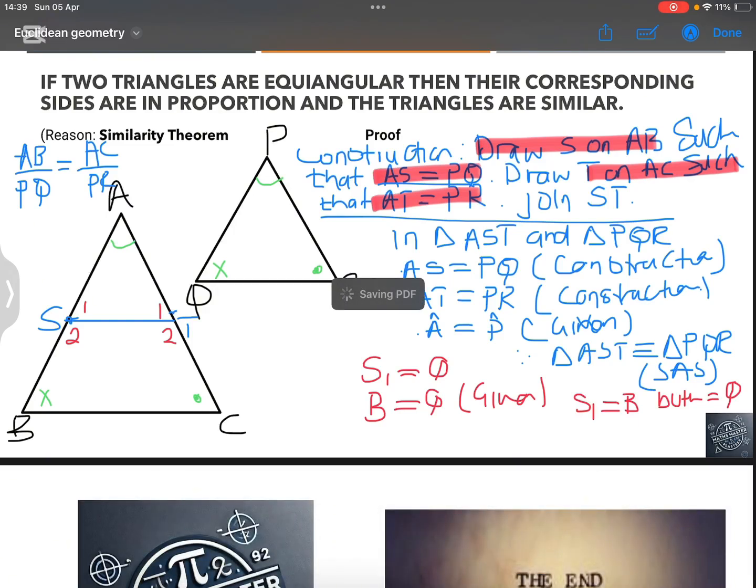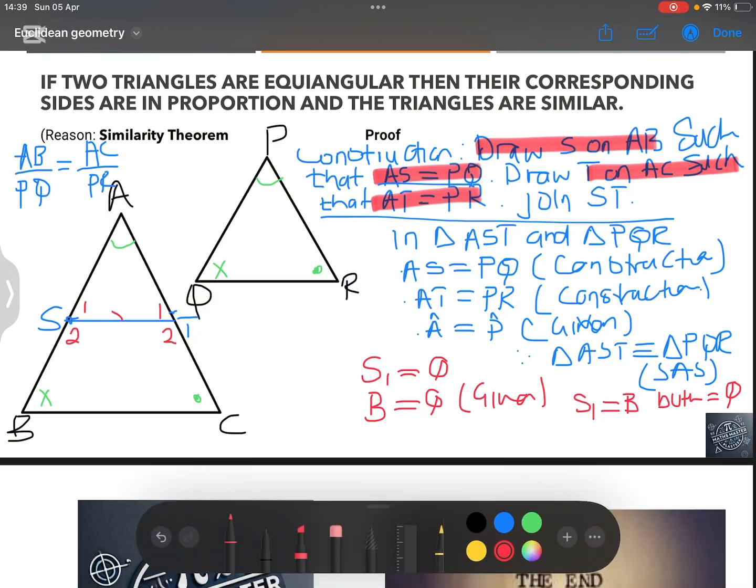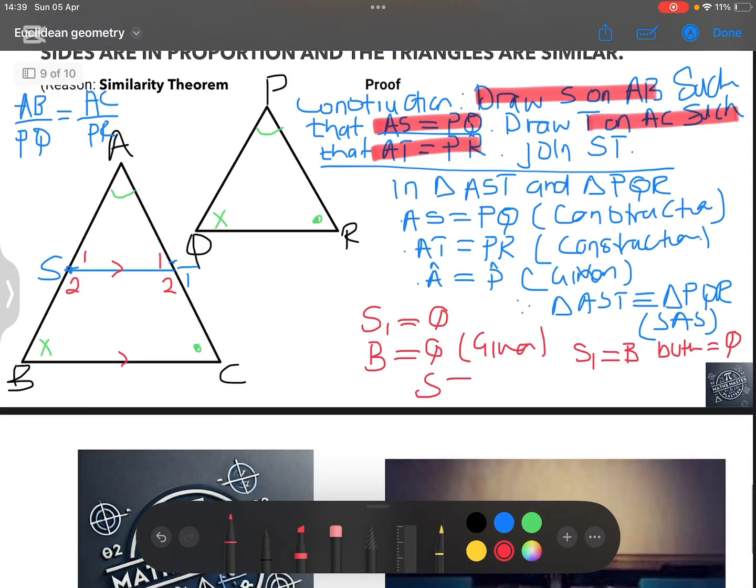Then we can now say that ST is parallel to BC. Why are we saying it is parallel to BC? Because we have proven the corresponding angles are equal.